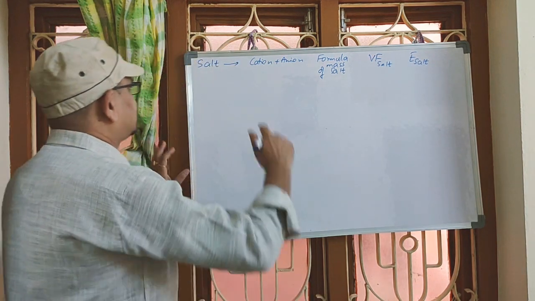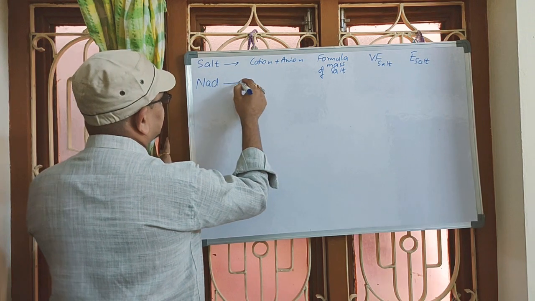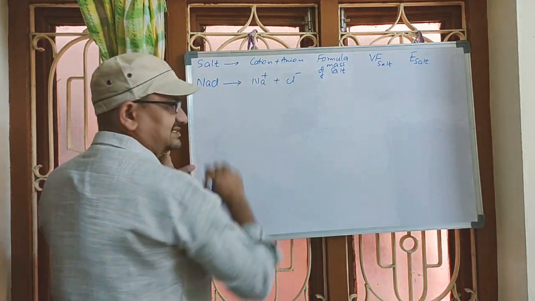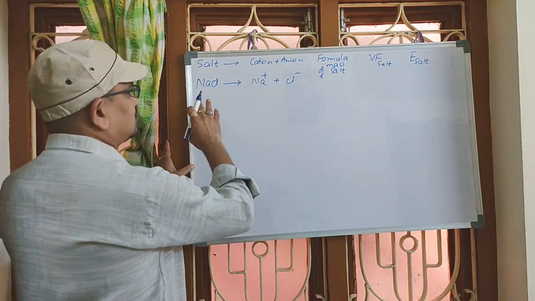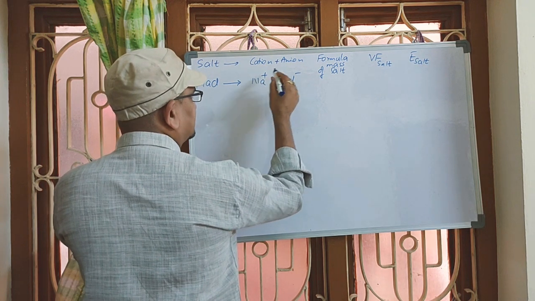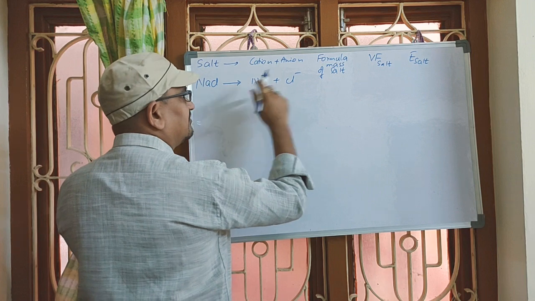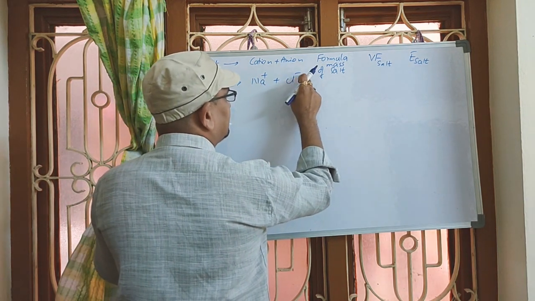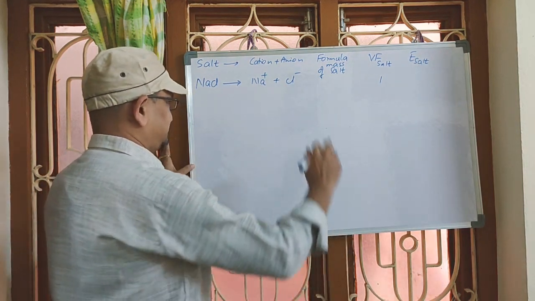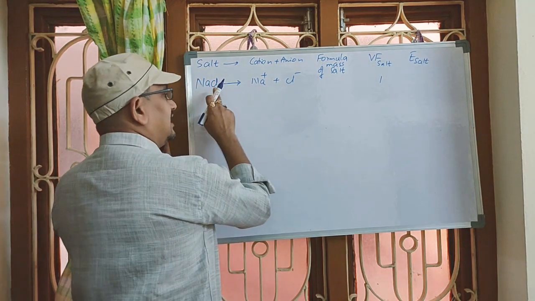Now, let's come to the salt sodium chloride, which dissociates to give Na+ and Cl-. What are the total positive charges and total negative charges? Coefficient multiplied with the power: 1 plus charge, and 1 minus charge. Valency factor is 1. And what is the formula mass of this salt? 1 sodium and 1 chlorine.